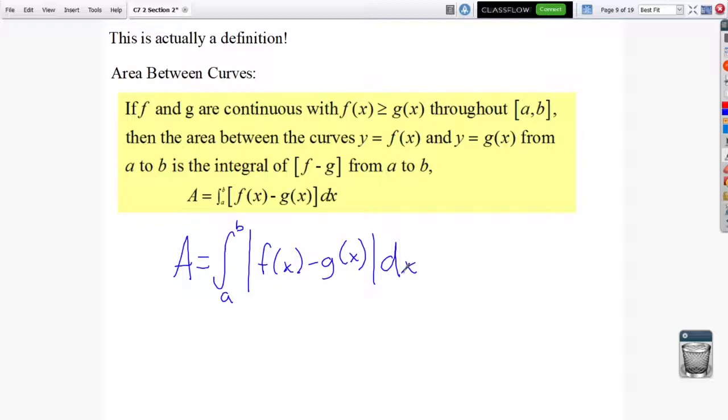Just like a couple chapters ago, if we put the absolute value around the integrand, we remove negativity from that height. Remember what happens if we do the non-dominant minus the dominant number? You're just going to get a negative. It'll be the opposite of what we're looking for. So just taking the absolute value of that is going to work. Again, that's only if you have your calculator at your disposal.